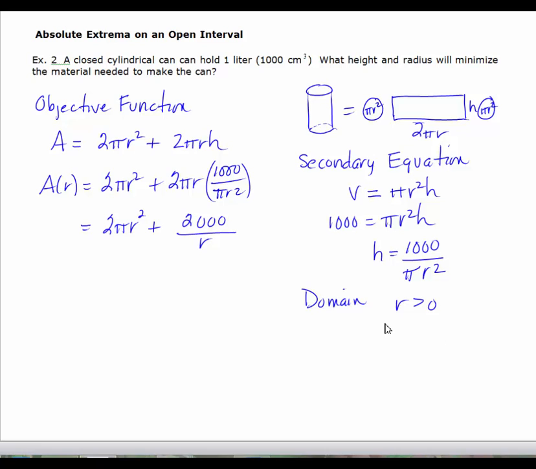I also know that h, which is the height, would have to be greater than or equal to 0, which means that 1,000 over pi r squared would have to be greater than or equal to 0, but it can never equal 0 because the numerator is 1,000. And I also know that this is always going to be positive. My domain is from 0 to infinity, so I have an open interval.